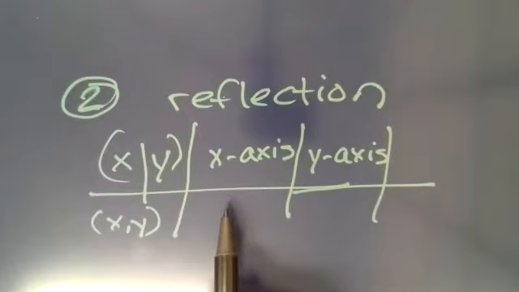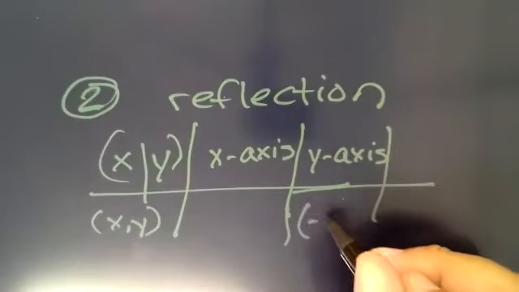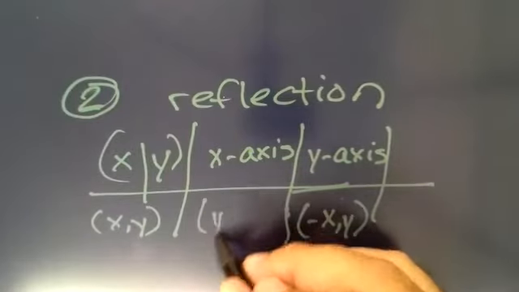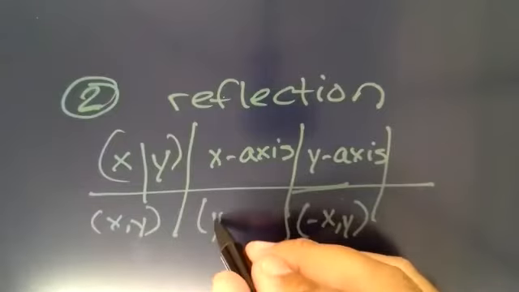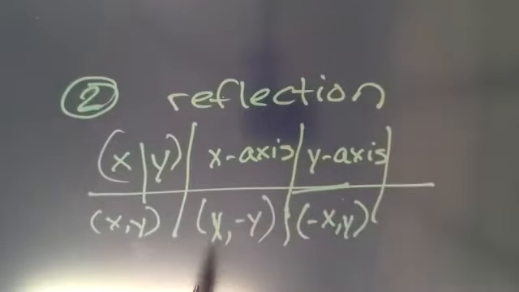Anyone? Negative x comma y. That's over the y-axis. Okay, then negative y comma x. There you go. So you need to know this. It's x comma negative y.